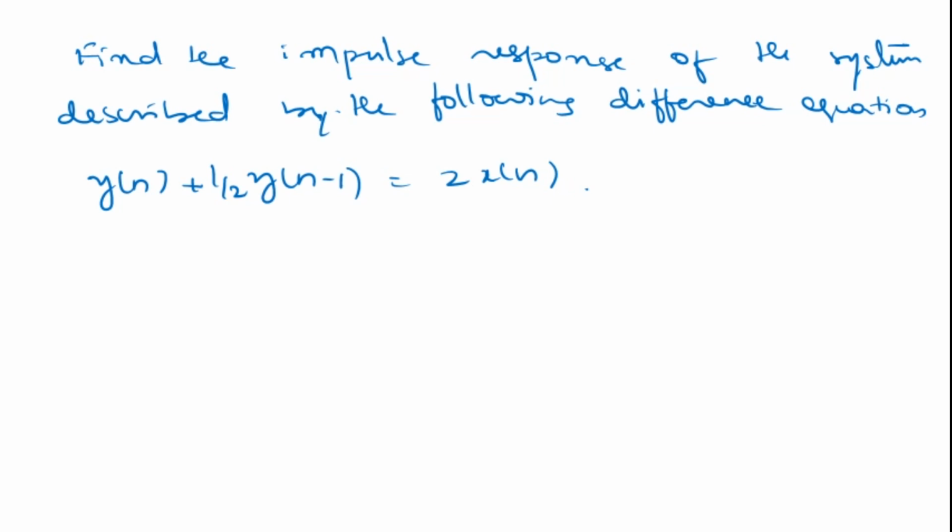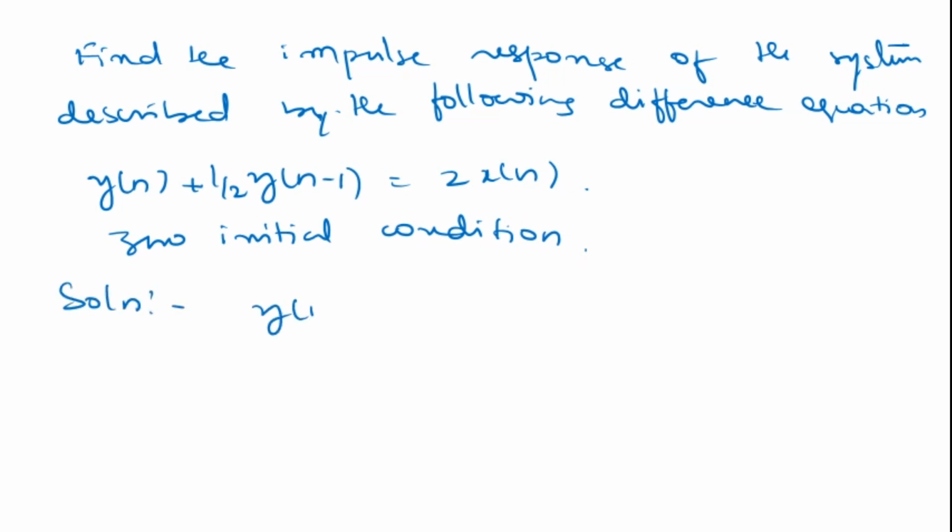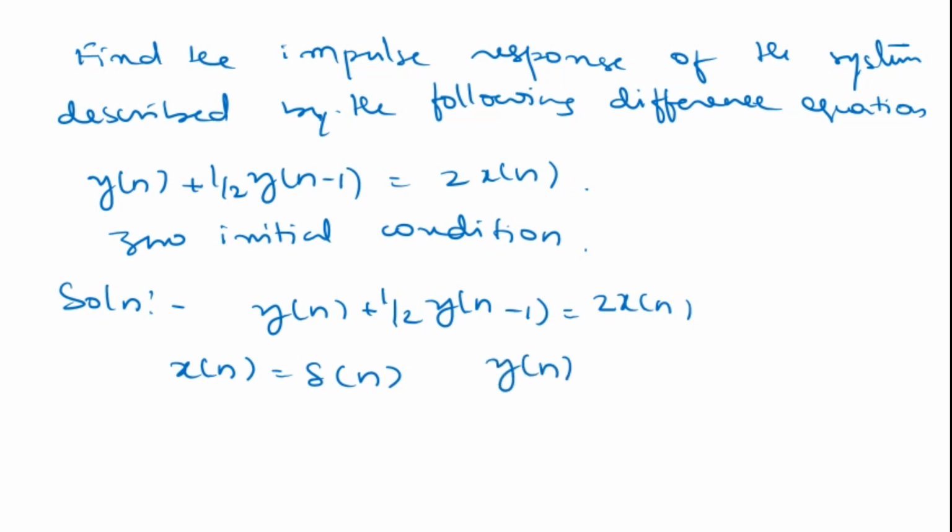We know that impulse response is defined for relaxed system, that is for 0 initial conditions. It is given y of n plus half y of n minus 1 is equal to 2 into x of n, and x of n is equal to delta of n, y of n is equal to h of n, and y of minus 1 is equal to 0, that is h of minus 1 is equal to 0.